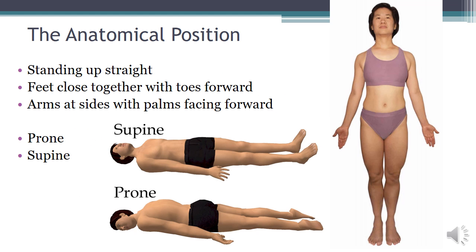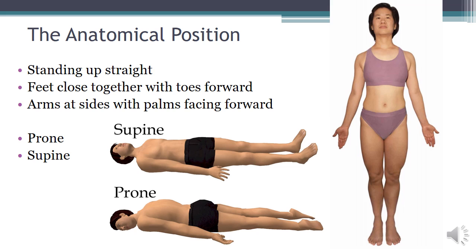The first slide shows you a picture of a woman standing in the anatomical position. In the anatomical position, a person must be standing up straight. Their feet must be close together, but not touching, with toes pointed forwards.